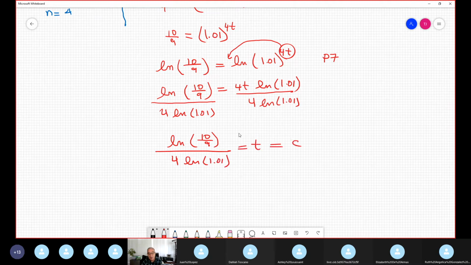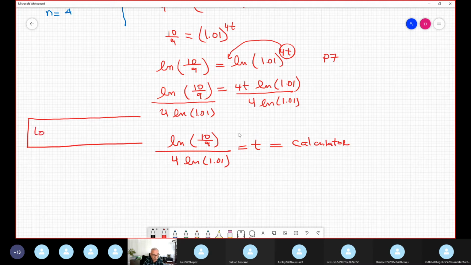And now calculator, because I need to determine how many years I need to wait to get the money that I planned. So I put it in a calculator. Be careful with the calculator. Suppose that this is the display of the calculator. You put LOG or LN, it doesn't matter.